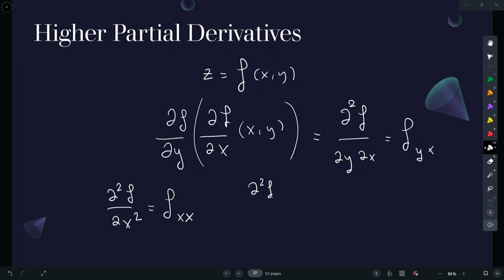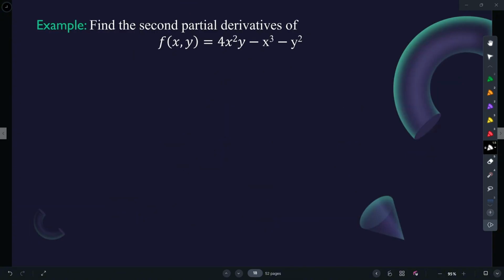Or I can do the one with respect to x and then respect to y. That would be f yx. I can do xy, or I can do yy. Now I have 4 different second order derivatives, and it just gets more and more complicated from there, right? So let's see some examples.